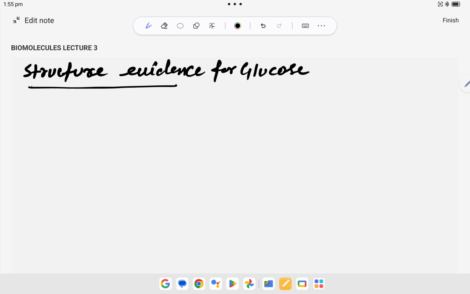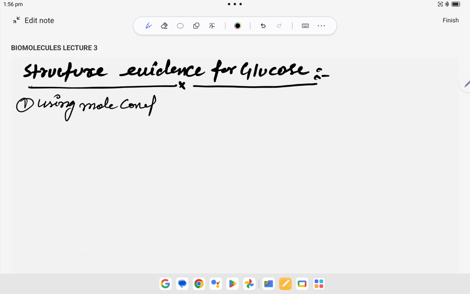So we are going to discuss the structure evidence of glucose. As you can see, in the structure evidence of glucose, the first point, very slowly we have to discuss, is using mole concept.